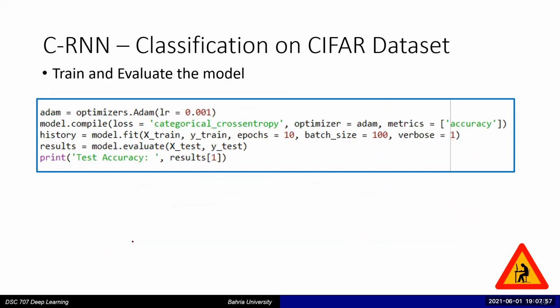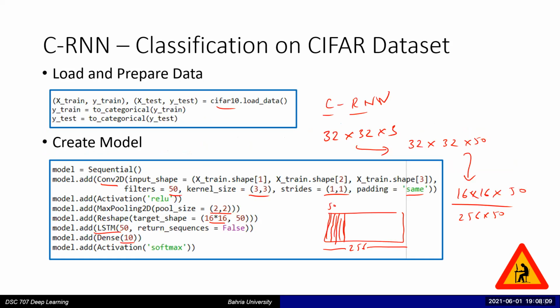So just like any other model, you train it with cross entropy loss using model.fit, and you can evaluate it on the test data and print the accuracy, right? So you see, this is something very effective where you are combining the powers of two very effective techniques. CNN, which is converting your pixel values into effective feature maps.